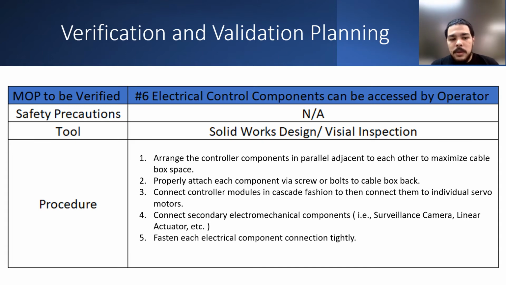And fourthly, we have to connect the secondary electromechanical components such as the surveillance camera, the linear actuator, and so on and so forth. Any other electromechanical device will of course be taken into account, but will be shown later.